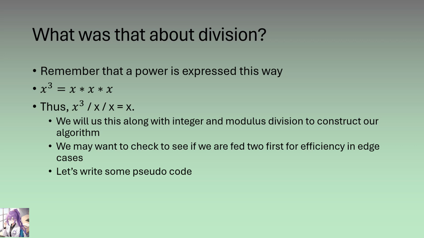Thus, if we want to go from x cubed back to x, we take x cubed divided by x and divided by x again. And when we do this, we should come back to x. If the final result of this operation is an integer, it means that x cubed is a power of x.